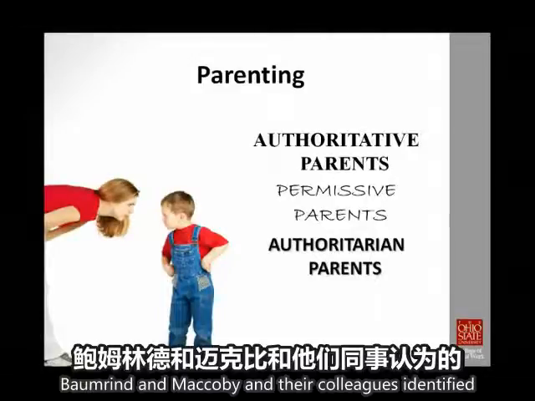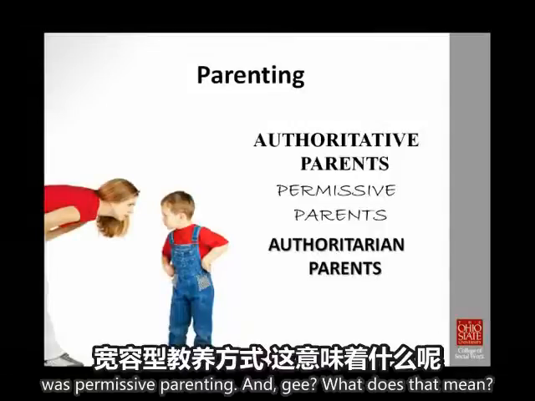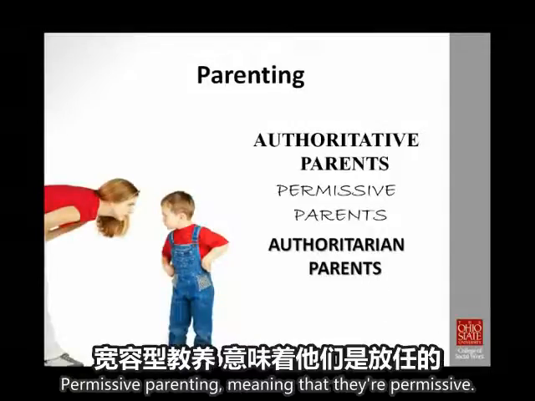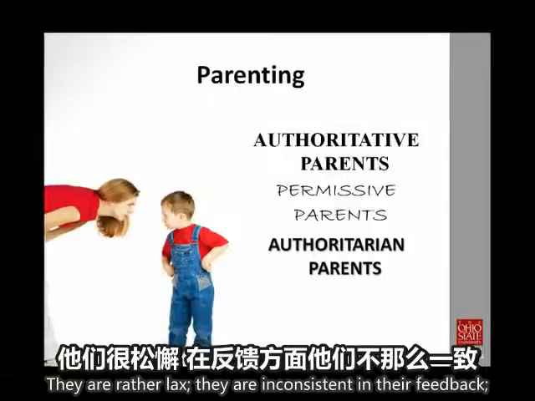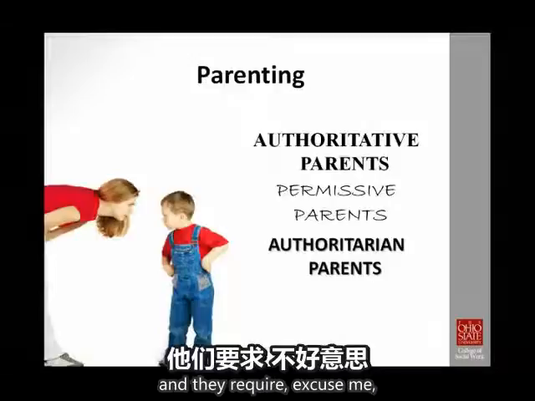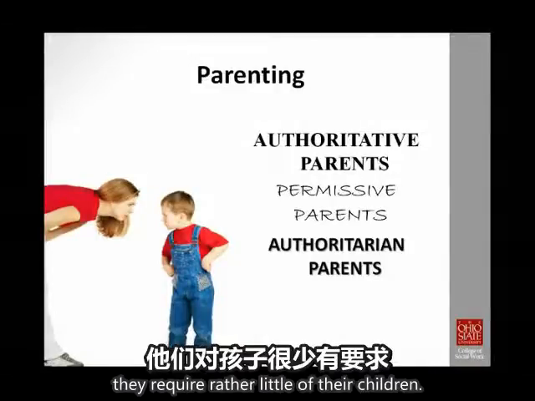The next kind of parenting that Baumrind and Maccoby and their colleagues identified was permissive parenting. And gee, what does that mean, permissive parenting? Meaning that they're permissive. They are rather lax, they are inconsistent in their feedback, and they require rather little of their children.